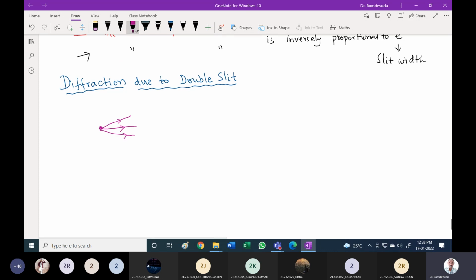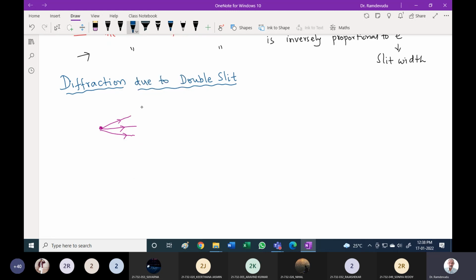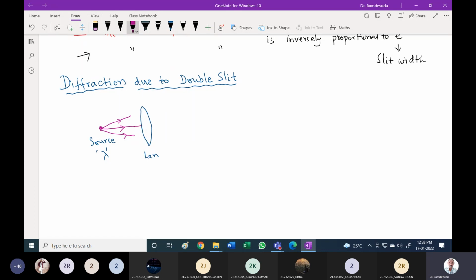But we are now in the Fraunhofer class of diffraction, therefore we need to use a lens. Hence, I keep a convex lens here. This is the source, and the source will have a wavelength lambda. The light is falling on the lens. The purpose of the lens is to make the light rays parallel. That's why we say in Fraunhofer diffraction, the incident light is a plane wave front.